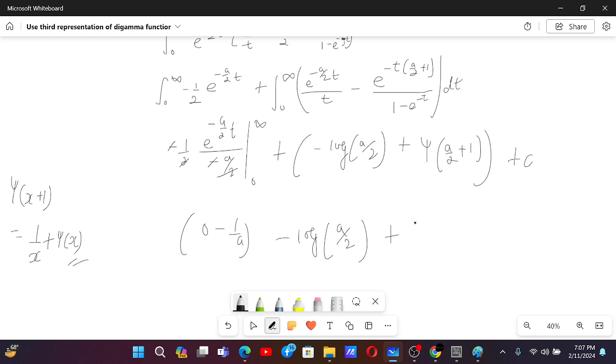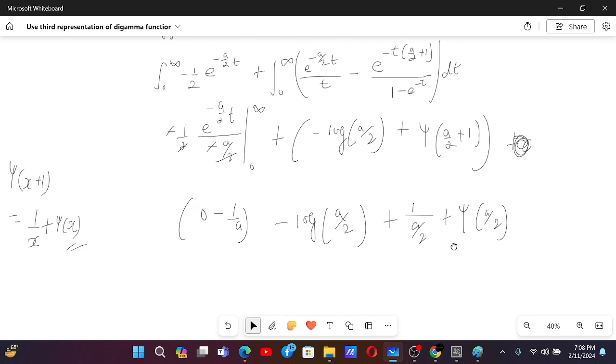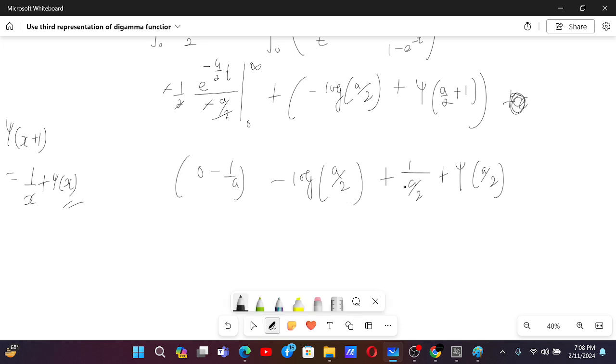That's why we have 1 by a by 2 plus digamma of a by 2. Okay, not plus because this is a definite integral, I'm sorry for that. Now after this, this is 2 by a. 2 by a minus 1 by a is just 1 by a, minus log of a by 2 plus digamma of a by 2, and that is a perfect answer.